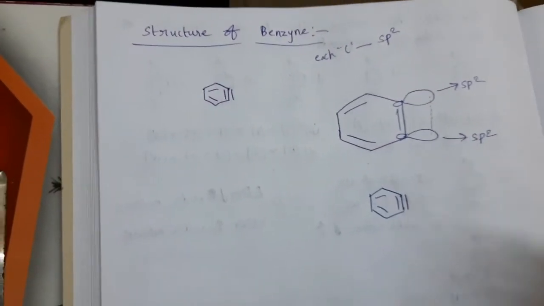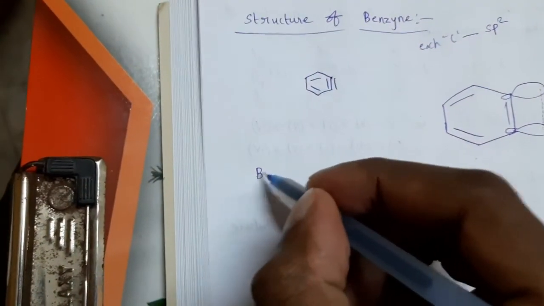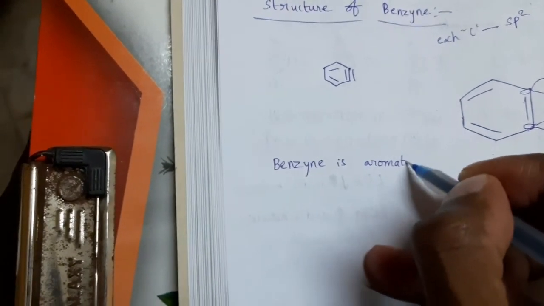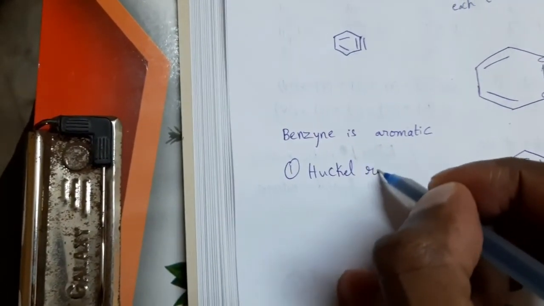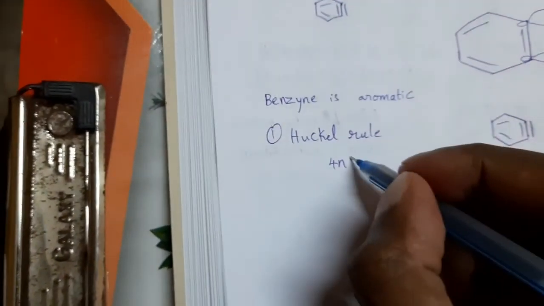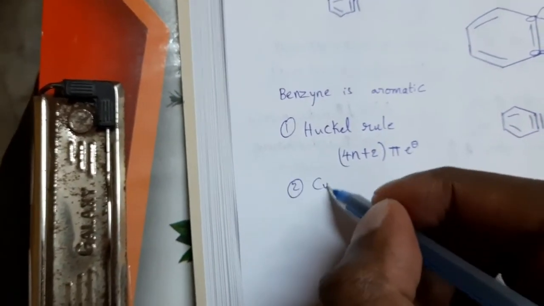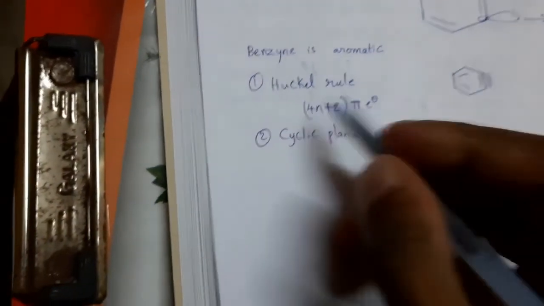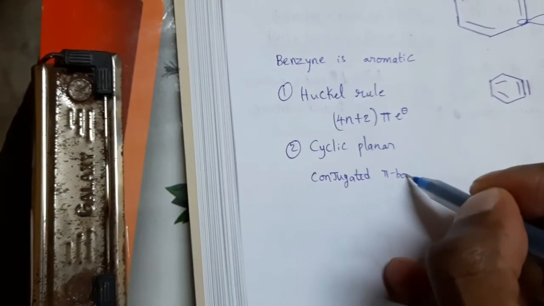Now you may get a doubt, is benzyne aromatic or not? Yes, benzyne is aromatic, because it follows Huckel rule. What is Huckel rule? Any compound or ion having 4n plus 2 pi electrons, a cyclic planar structure and conjugated pi bonds is aromatic.